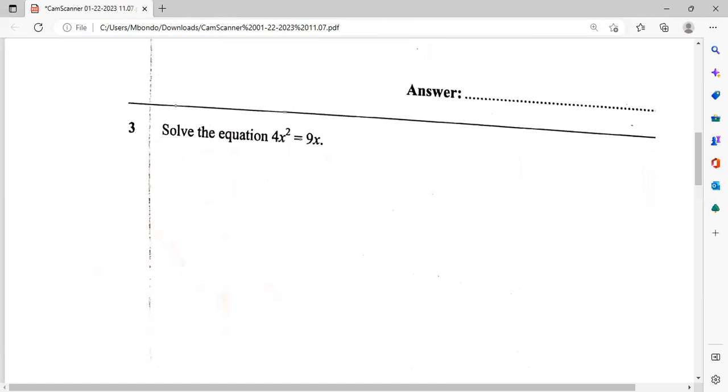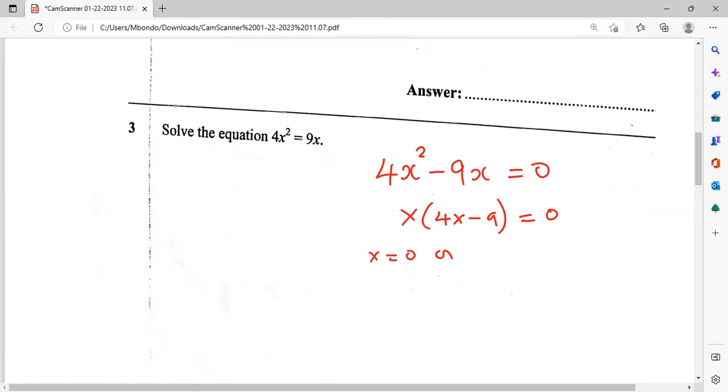Then here we have an equation. We first of all have to write this as 4x squared minus 9x is equal to 0. At this point, we can factorize x. Then we have x times 4x minus 9 is equal to 0. Then we equate each of these factors to 0. So we're going to have x is equal to 0, or 4x minus 9 is equal to 0.